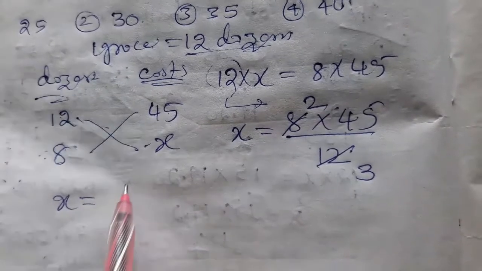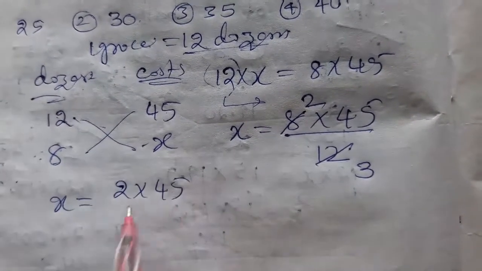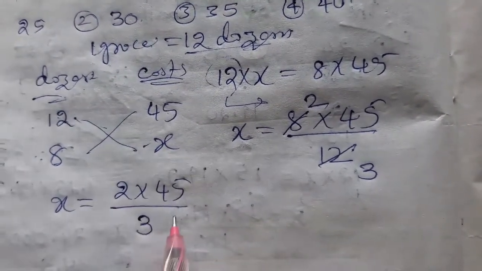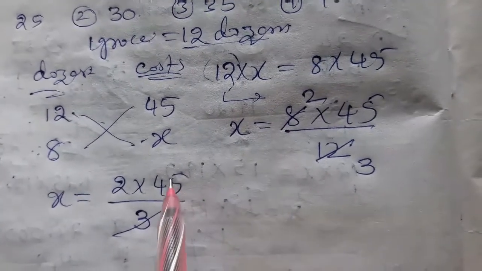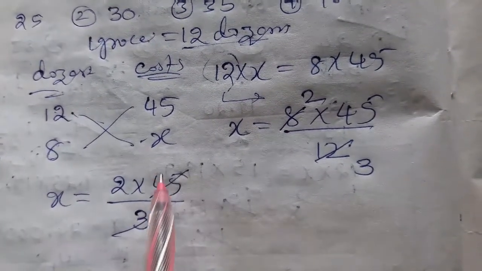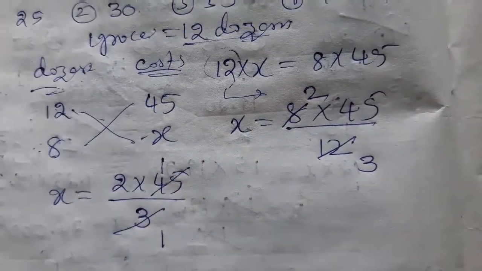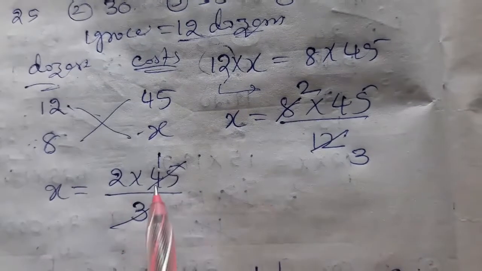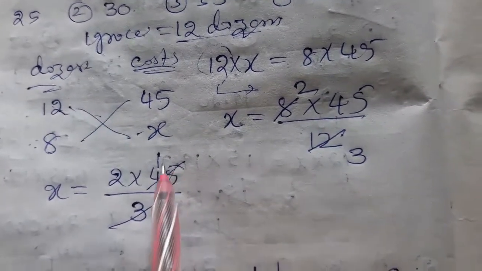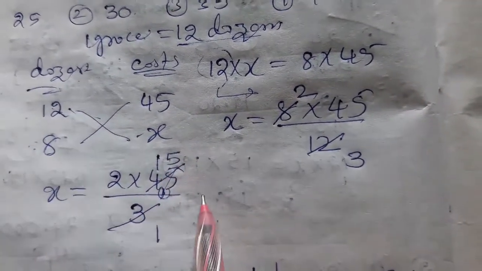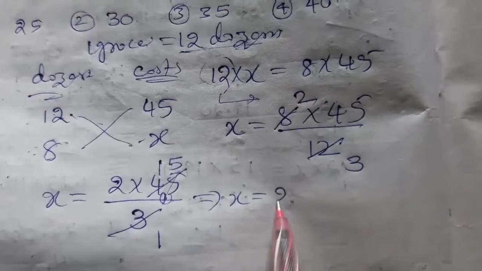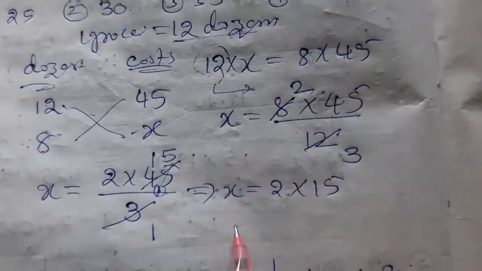Now x equals 2 into 45 by 3. In 3 table, 3 1s are 3. Here also 3 1s are 3 and 1 remains 15. So 3 5s are 15. That means x equals 2 into 15.